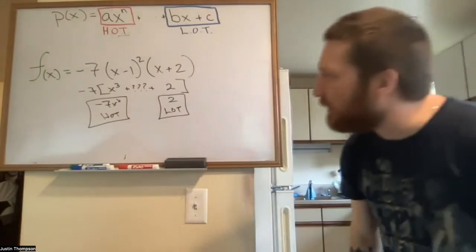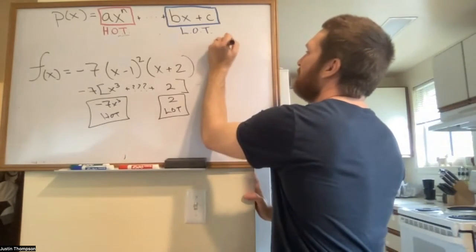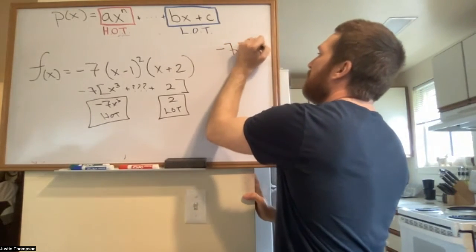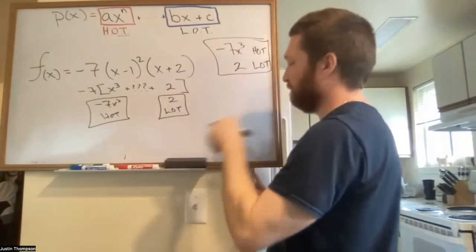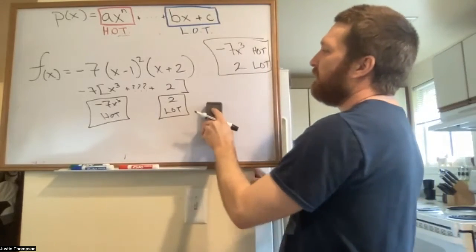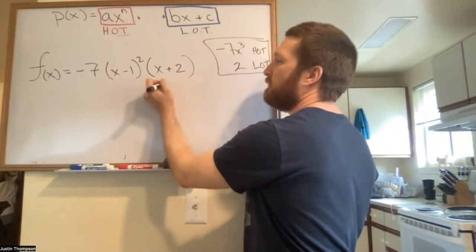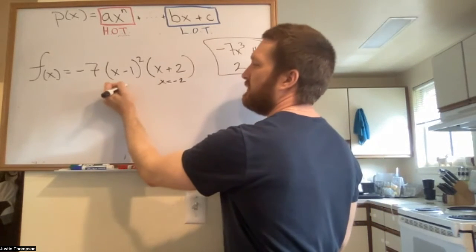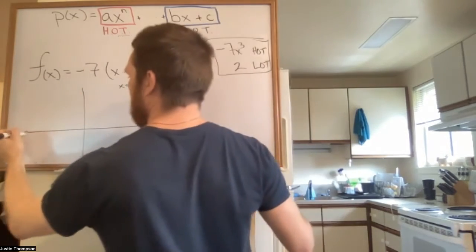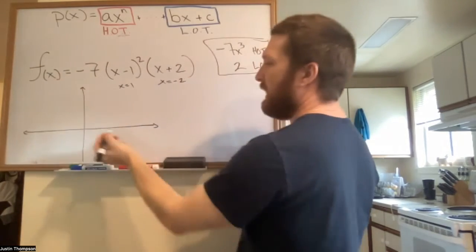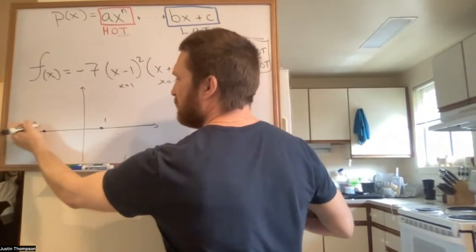And then for the graphing part, we're going to say, okay, we have 2 zeros. This one's at x equals -2, and this one is at x equals 1. And so we have one here at x equals 1 and x equals -2.